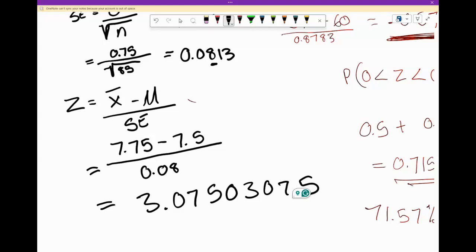Let's see what we have here. So I'm getting 3.075. Try calculate it with this. Try calculate it with that and see if you're still getting the same. 3.125 when you have included these.